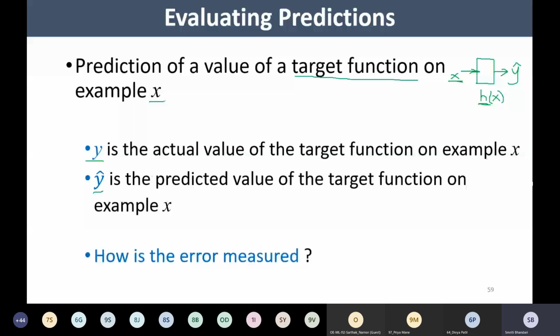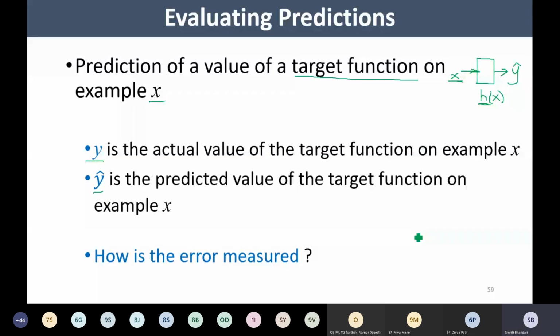Yes, ma'am. Fine. Now, how is the error measured? x is my sample, my example. The actual output I know should be y. And whatever my target function or hypothesis is, it produces the output y hat.